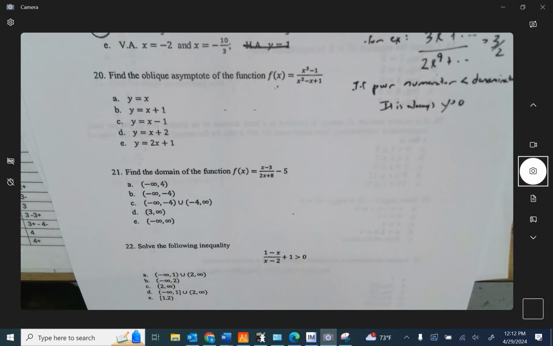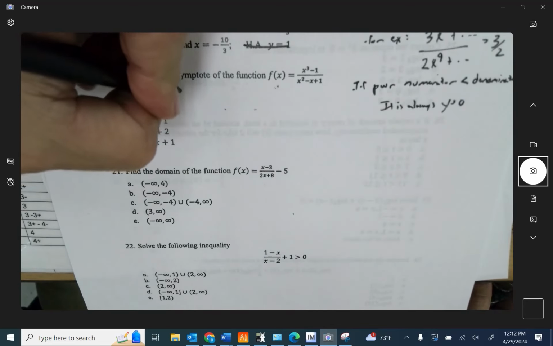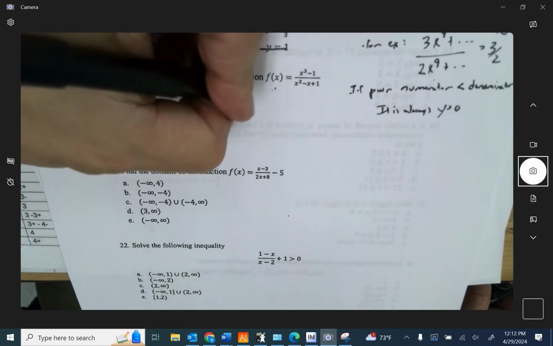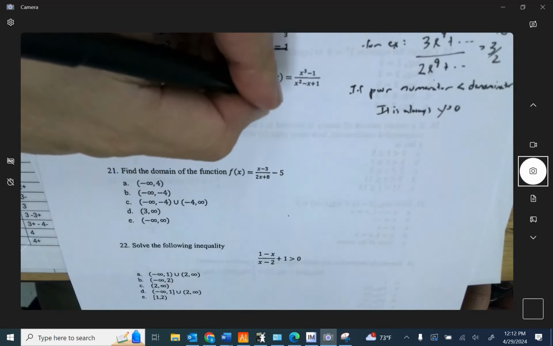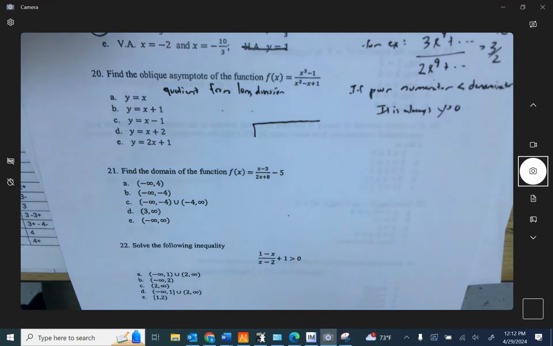Find the oblique asymptote of this function. The oblique asymptote is the quotient from long division. It won't be too bad.